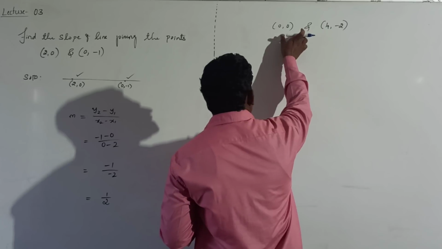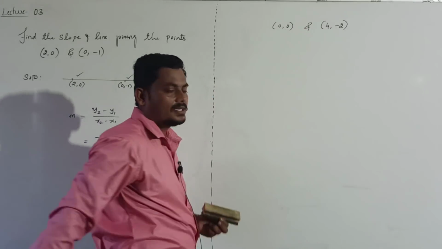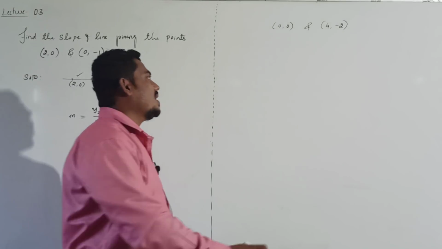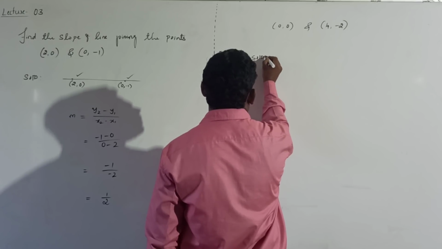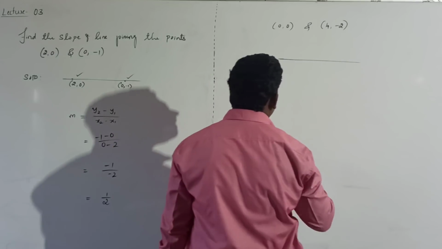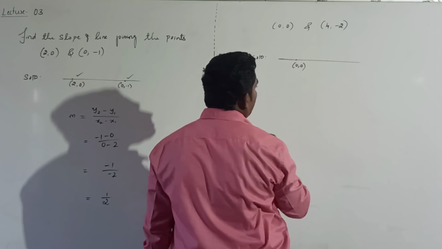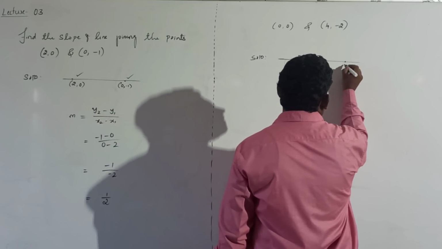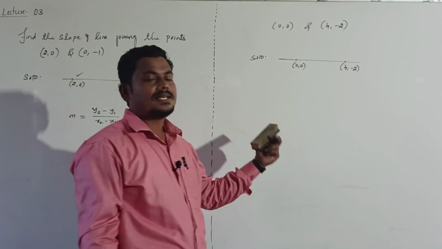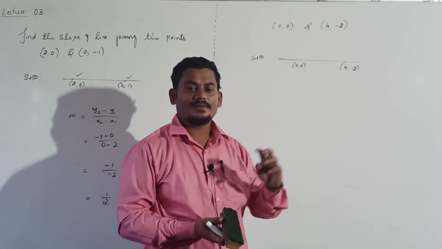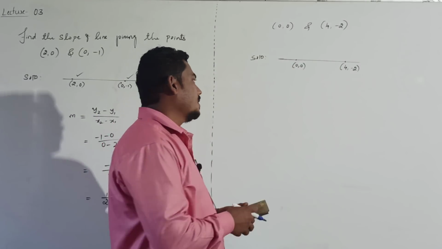Suppose this is our line. It passes through one point 0 comma 0 and one more point 4 comma minus 2.